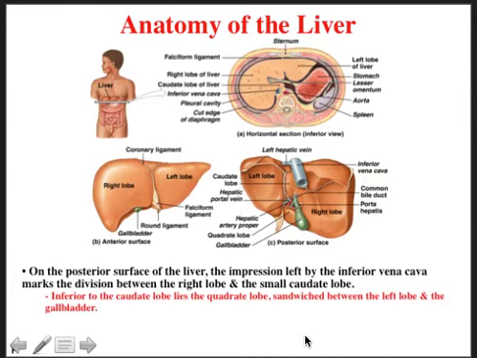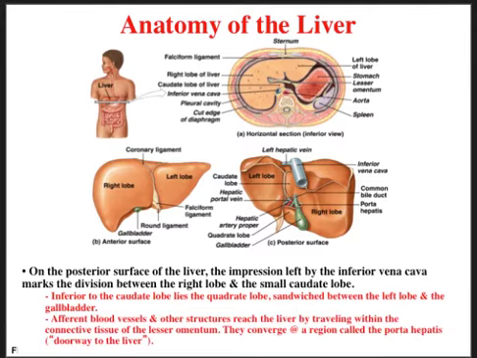Inferior to the caudate lobe lies the quadrate lobe, so locate the quadrate lobe right there. The quadrate lobe looks like a quadrilateral, remember from your geometry, a four-sided figure. It is sandwiched between the left lobe and the gallbladder. There's the left lobe, there is the gallbladder.